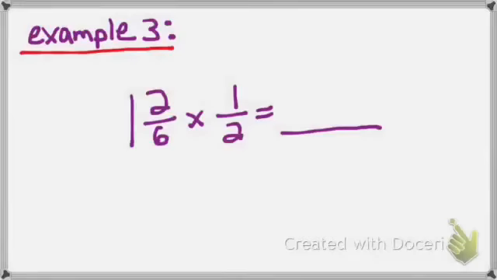Finally, let's take a look at example number 3. I have 1 2/6 times 1/2 equals blank. Well, that's interesting. 1 2/6 is a mixed number. I cannot multiply by mixed numbers. But my second factor, 1/2, is a fraction, and a regular fraction is fine.